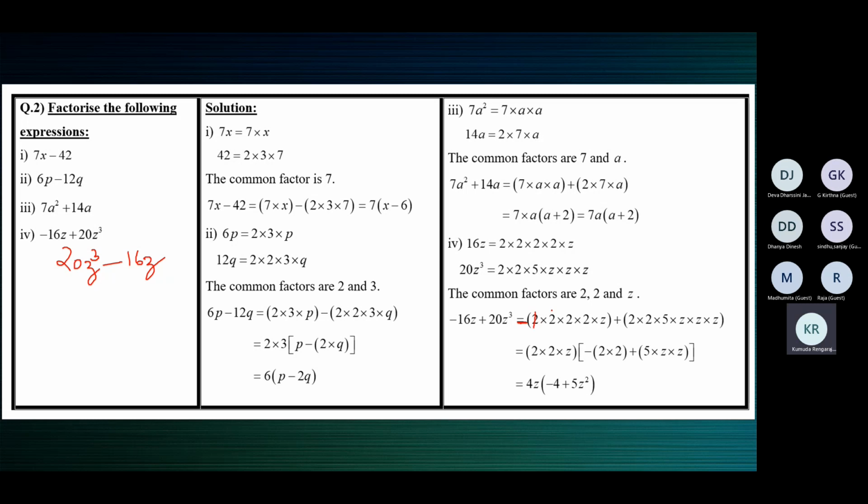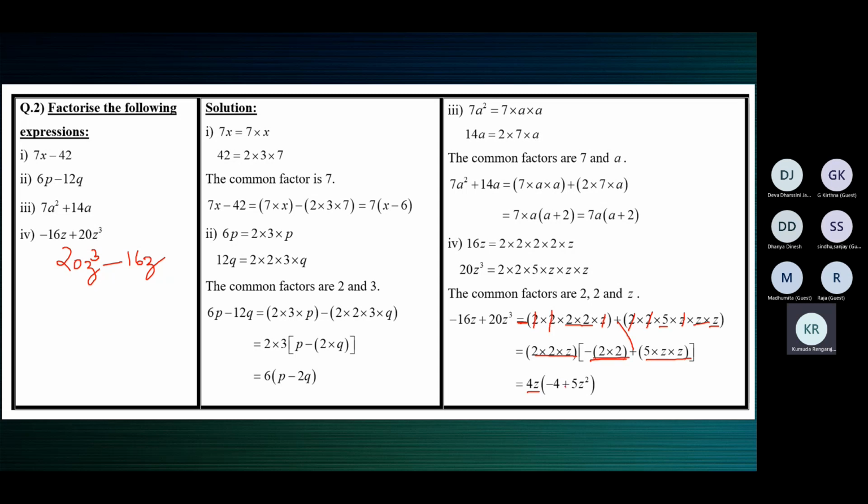You can see 2 and z is common. So 2z outside, and inside the bracket you will get minus 2 into 2, plus 5 into z into z. Actually 4z is outside, which is common.